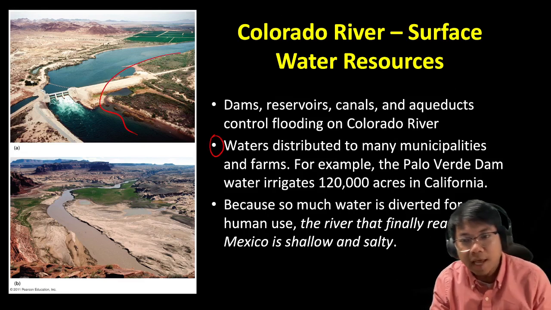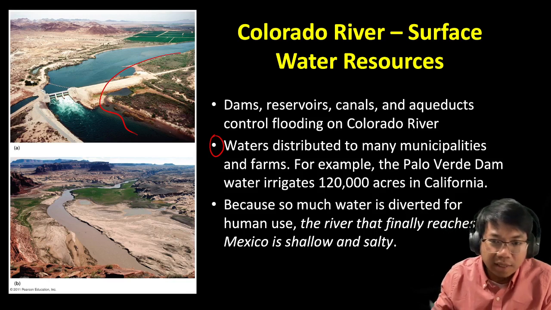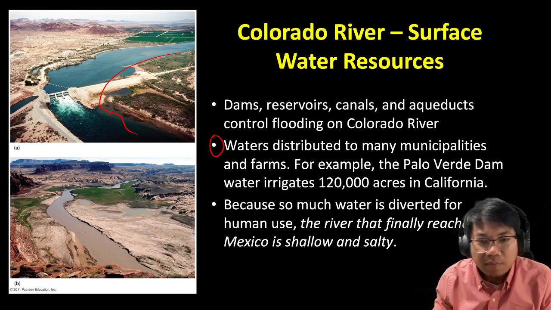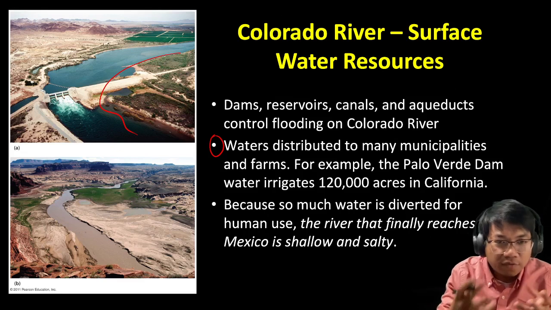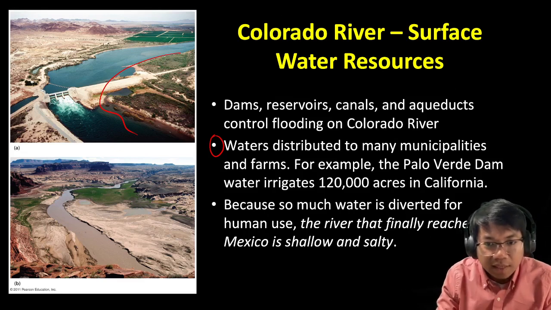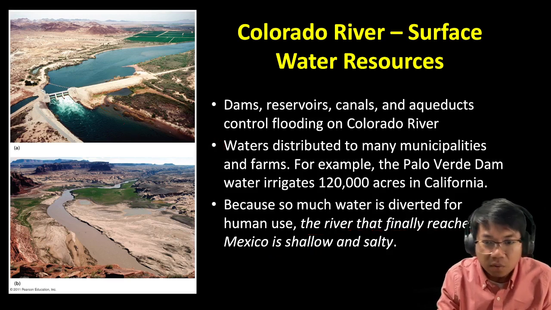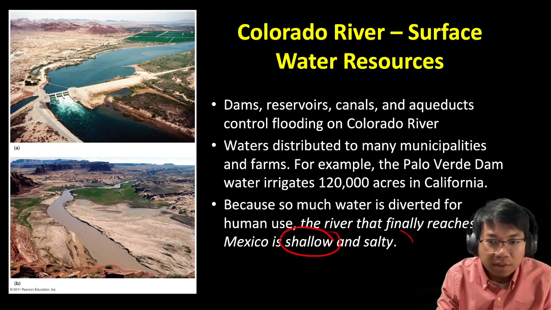For example, in the Palo Verde Dam, water irrigates about 120,000 acres in California. Now, because so much water is being used from the Colorado River itself, the river that finally reaches Mexico becomes very shallow and very salty.